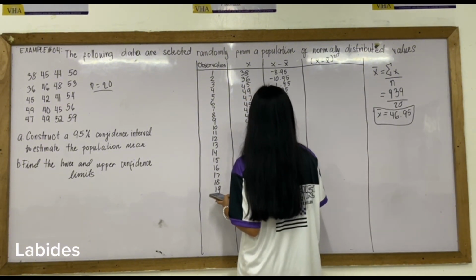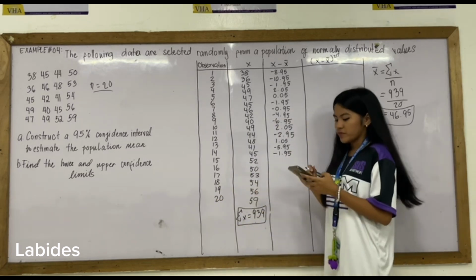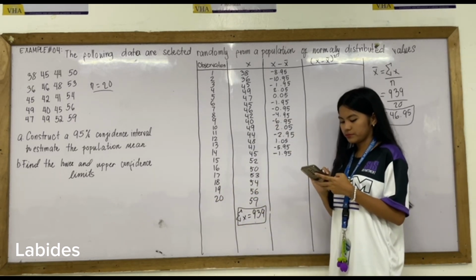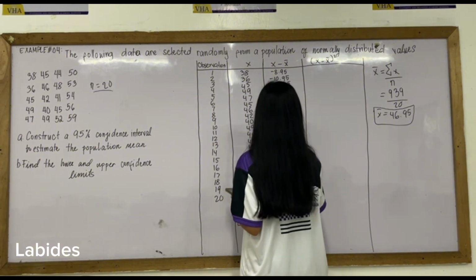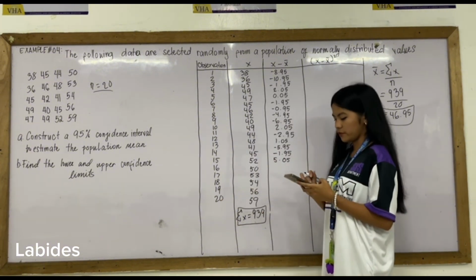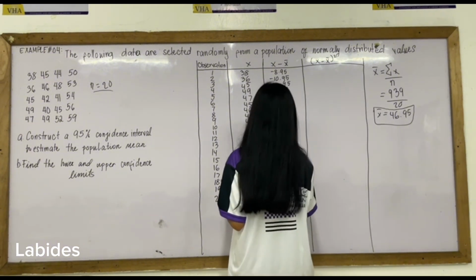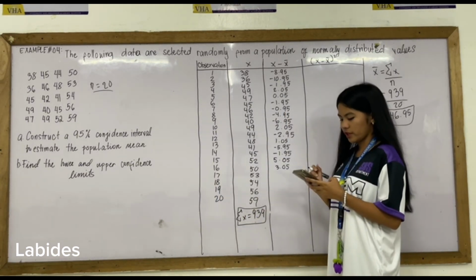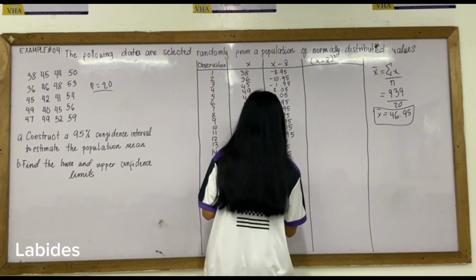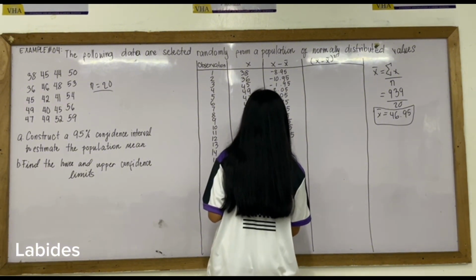Negative 1.95. Next is 52. 5.05. Then 50. 3.05. Then 53. 6.05.